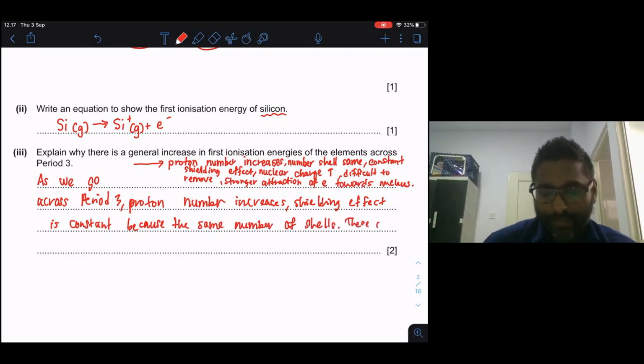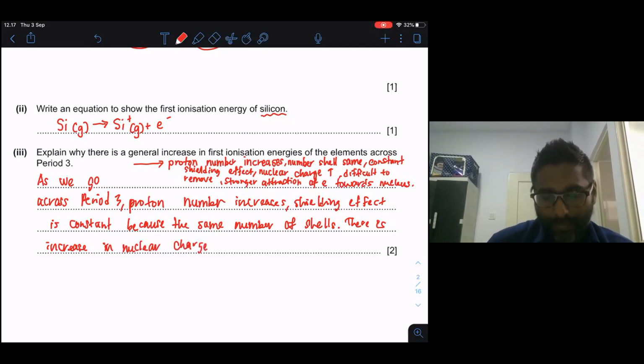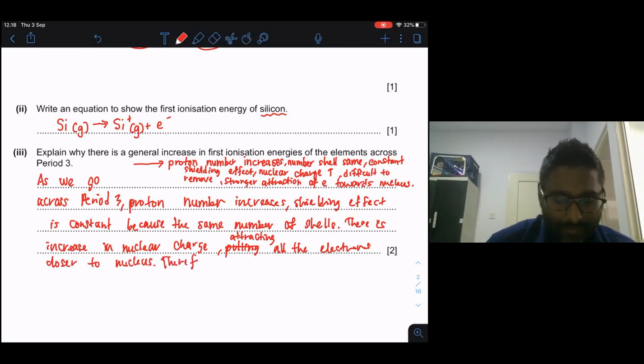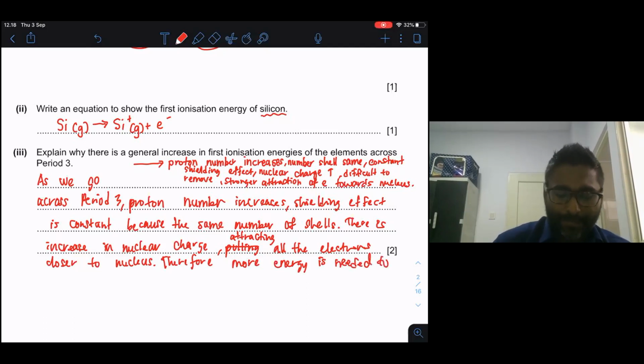There is an increase in nuclear charge, attracting all the electrons closer to the nucleus. Therefore, more energy is needed to remove the electron, or to overcome the attraction.